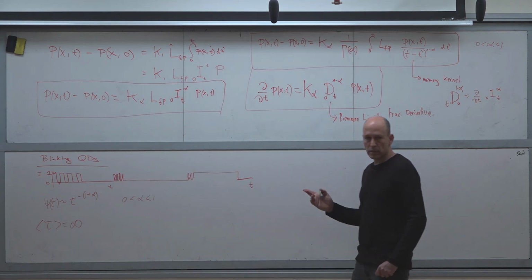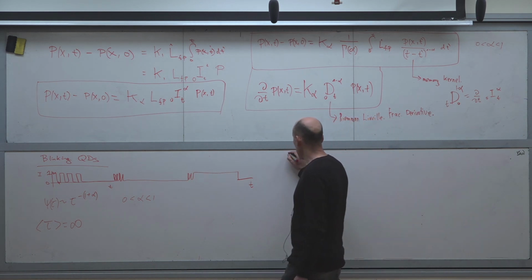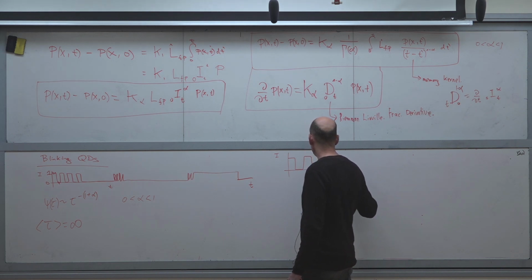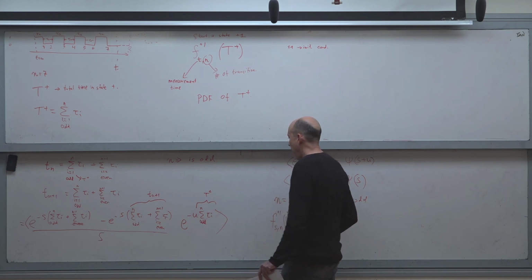Now, why is this related to weak ergodicity breaking? We have in mind the following standard stochastic dynamics. Let's say that you have another sequence of blinking on and off.